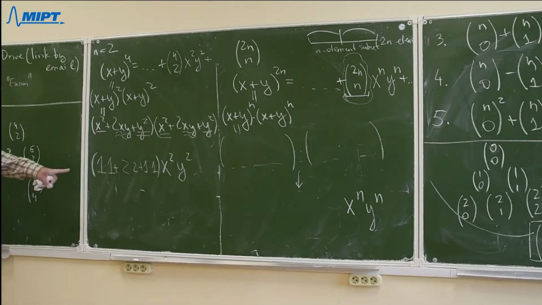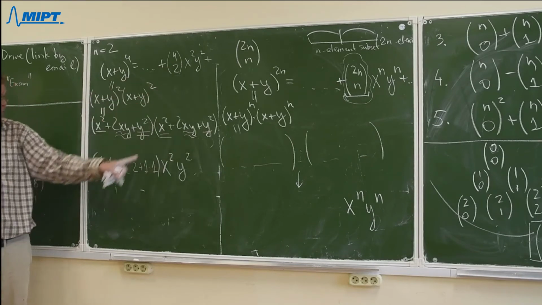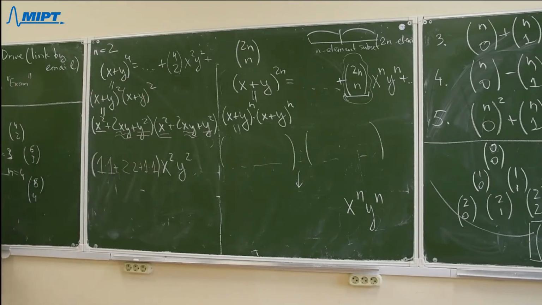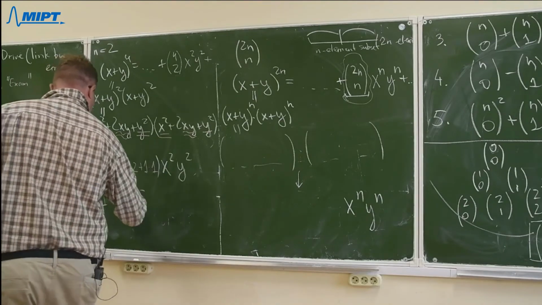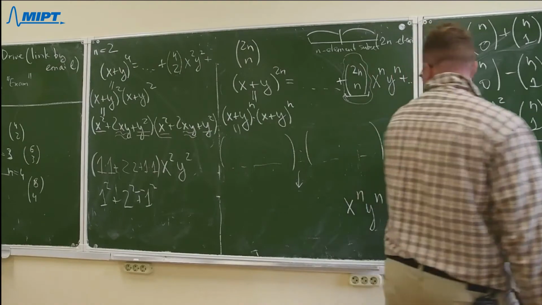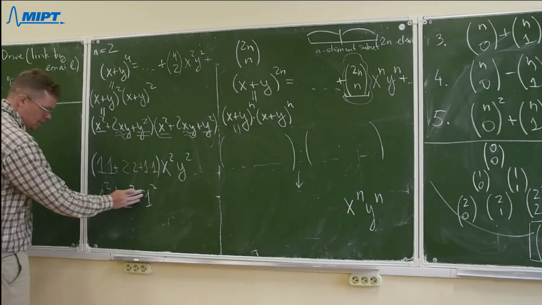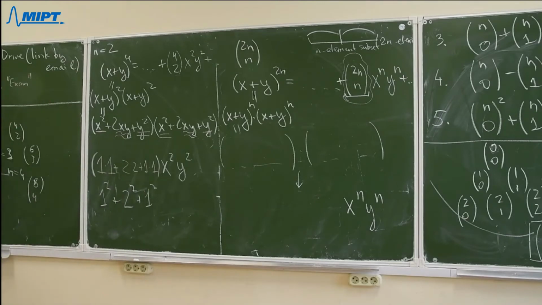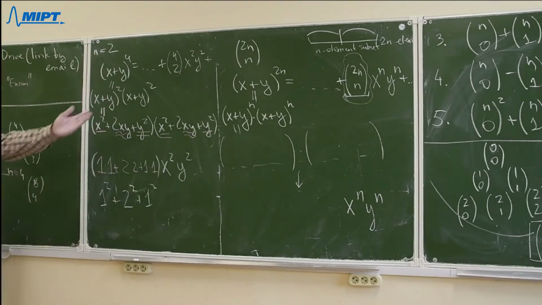And so we see that these coefficients here come as the sum of the 3 squares. Exactly as we have in this formula we want to prove. So can we do the same in the arbitrary situation for each n?